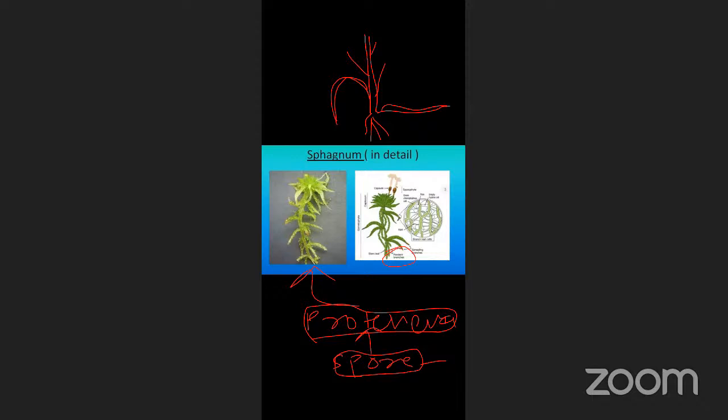So let me finish with green color. So this is the stem. Green color leaf. And these are arranged on the branches also. This is a hanging branch.